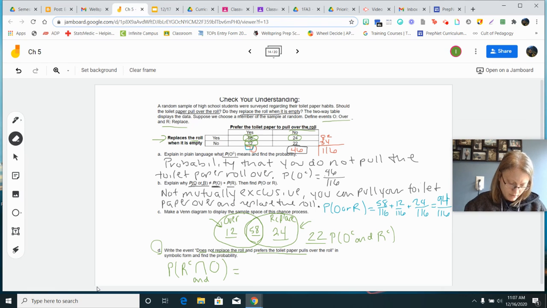Let me clean up my table a little bit so I can circle some numbers. We're looking for our complement. We know you don't replace the roll, and we're then looking for people that do pull it over. So we're looking for a no here, but a yes here. That's going to be these 12 people. So 12 out of 116. And that's your probability.